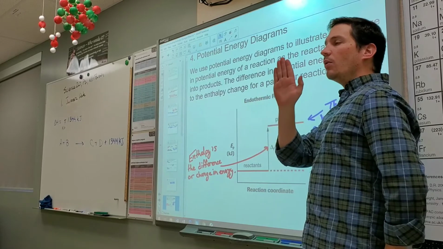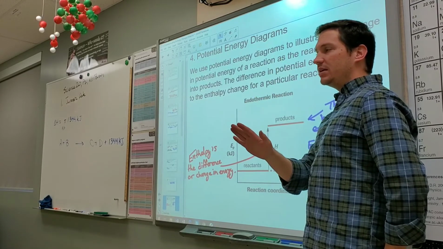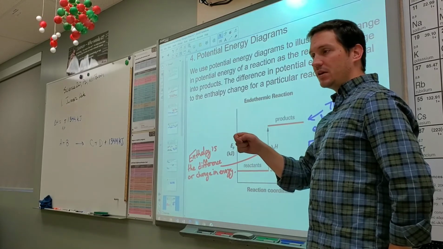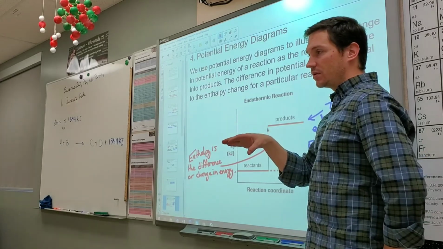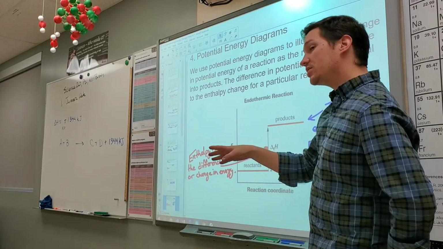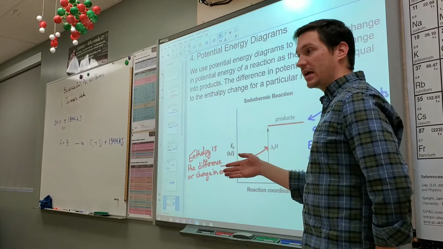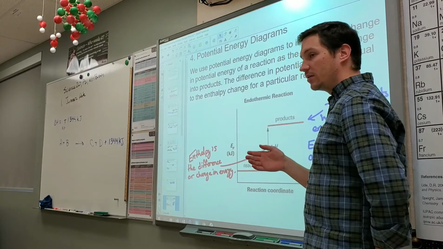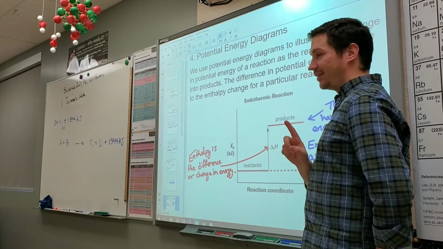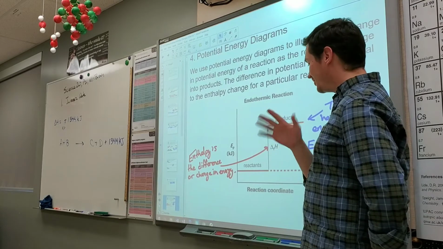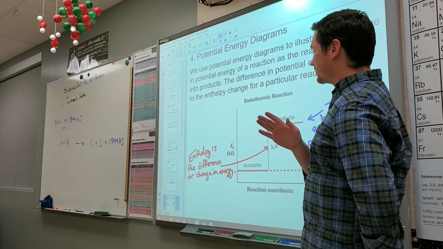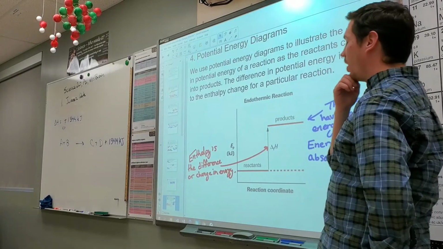Now, what type of energy do chemicals either gain or lose? Do they gain or lose potential energy, or kinetic energy? Potential. I think the question was worded improperly.